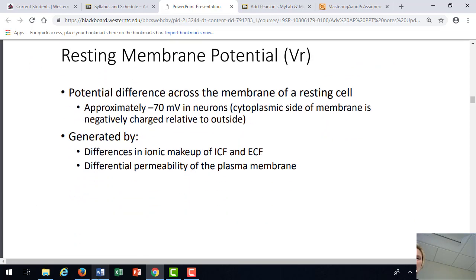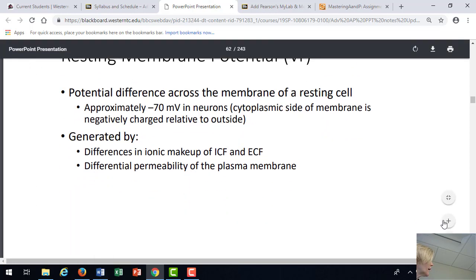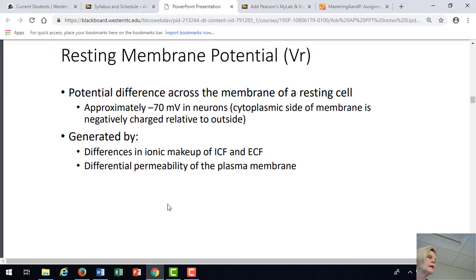So when you look at the resting membrane potential of a neuron, it's at -70. And where that comes from, that -70 inside the cell, so the inside of the cell is at a value of -70 millivolts based on the ions inside compared to the ion concentration outside.